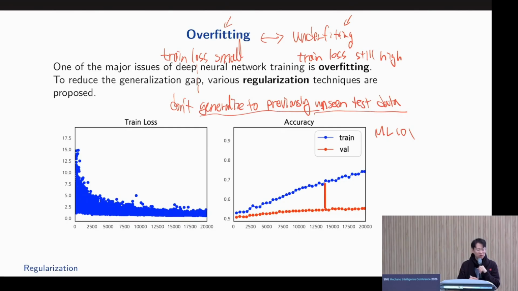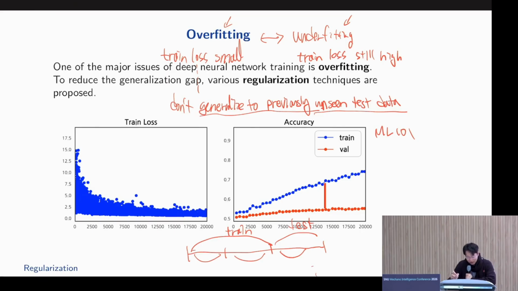Maybe you want to do k-fold cross-validation, meaning you're given the data and you divide it into multiple chunks. So you train here, test here, and you train here and here, and test here, etc. The very basic first step is to make sure you can overfit to the training data.